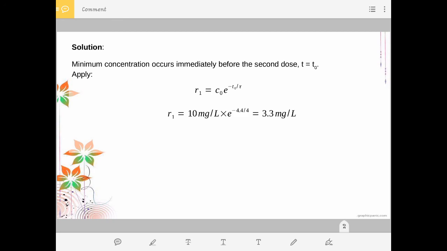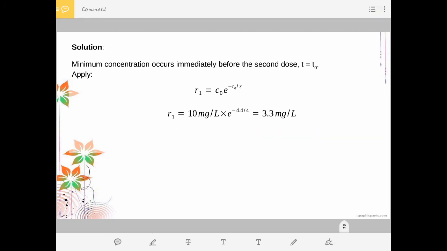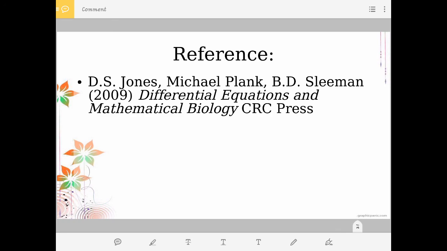That's the lowest point there is, and that is what we use to get our R. So our R now is 3.3 milligrams per liter. Just a simple calculation. Okay, so that is for drug administration. This is our reference, and you can practice more on this one.